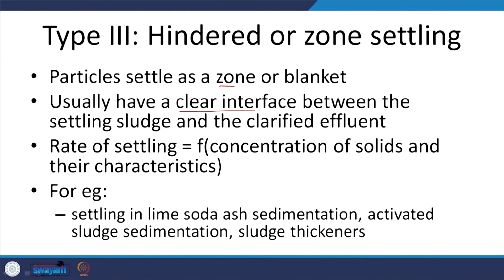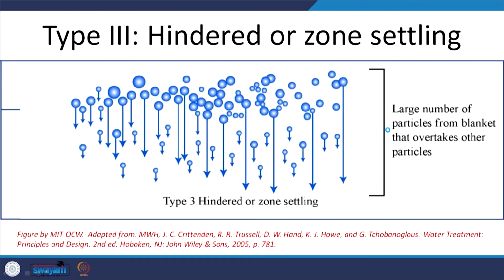And again, water has to find its way out from under these or through these particles, through the interstices between the relevant particles, right? Because you have a zone, you are going to have a clear interface between the sludge and the effluent above. That's something to keep in mind.